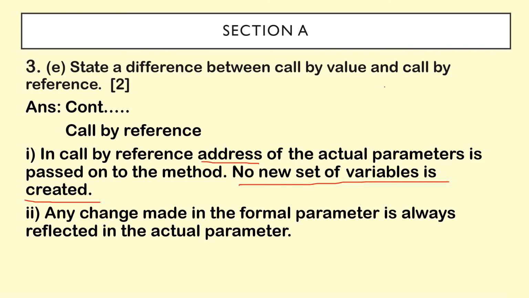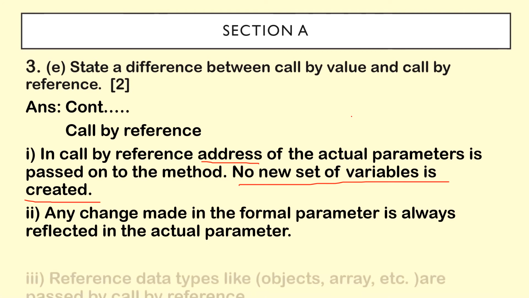Any change made in the formal parameter is always reflected in the actual parameter. So whatever change you are making in the formal parameter, or the address which is sent, is actually on the actual parameter. So there is no new set, no copy.